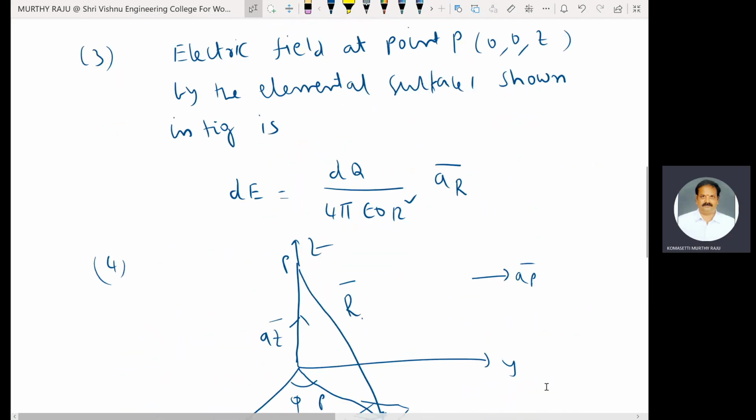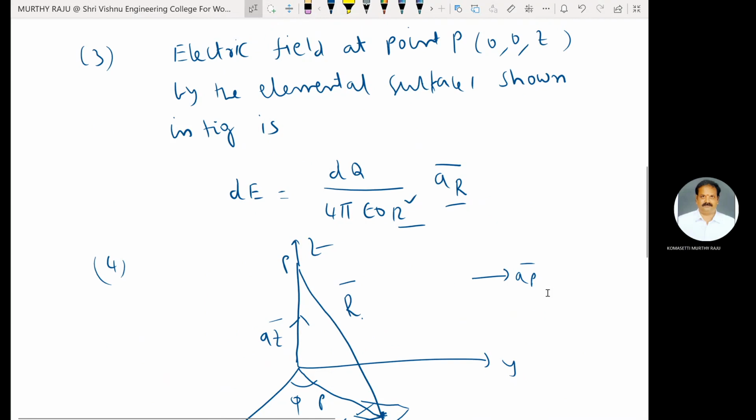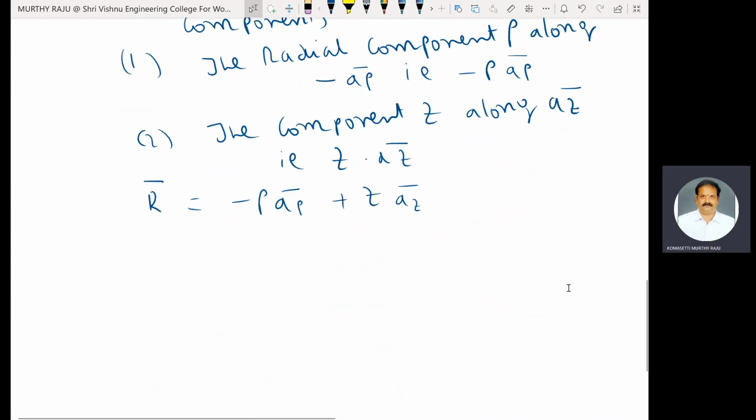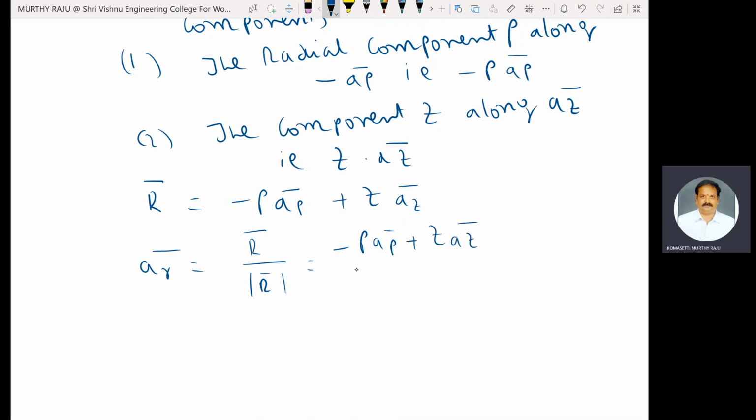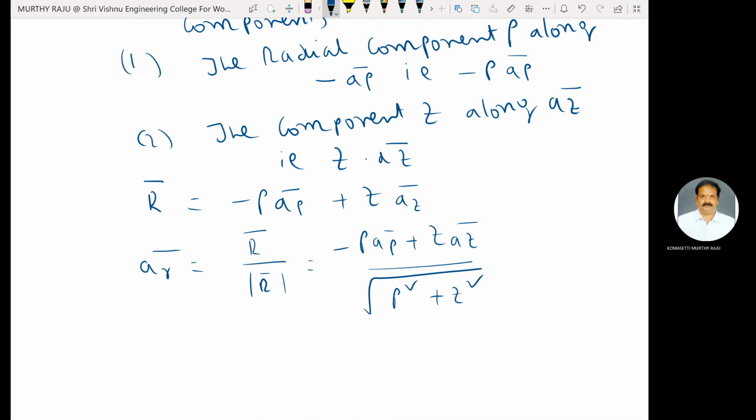In the electric field intensity, a r bar and r square are there. First of all, find a r bar. a r bar is equal to R bar by mod R, which is minus rho a rho bar plus z a z bar by square root of rho square plus z square.